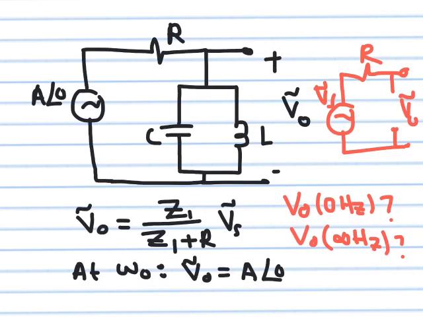At very low frequency, ideally at DC, the capacitor becomes open circuit and the inductor becomes short circuit. So they alternate. But the result is that at very low frequencies and at very high frequencies, the transmission is 0. V output is 0.